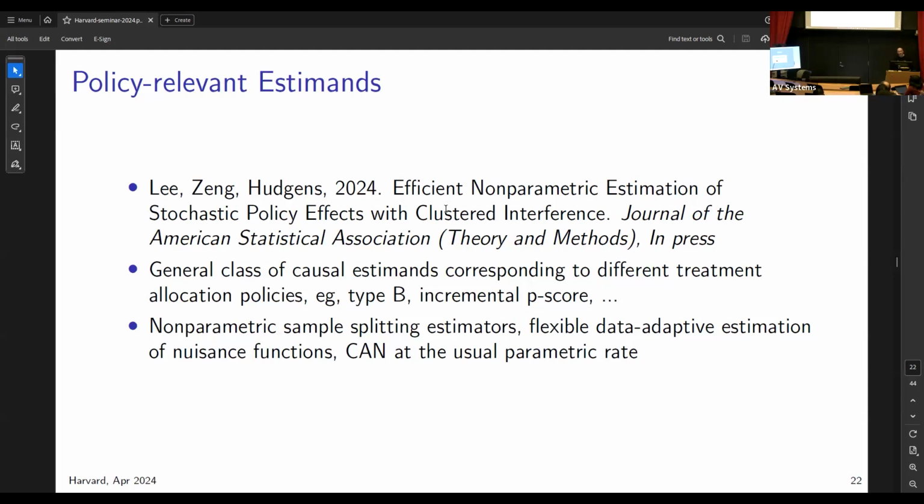So we look at not just the type B and the incremental propensity score, we also look at one where you truncate the propensity score distribution, so you insist that no matter what, every cluster has at least a certain percentage of people treated. We look at another counterfactual policy where you shift the propensity score distribution only in a subset of clusters, maybe clusters that are particularly high risk. But the methods are set up quite generally to handle any sort of allocation policy.